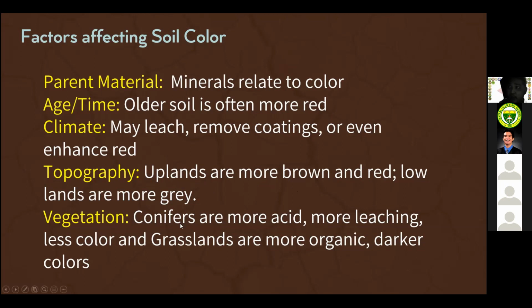Then vegetation: conifers are more acid, more leaching, less color, and grasslands are more organic, darker colors. If we observe, diba, sa vegetation, if the crops na nagtathrive doon is annual crops, nagde-decompose na agad sila. So dumadami yung organic matter doon, so mas nagiging darker yung color sa grasslands.